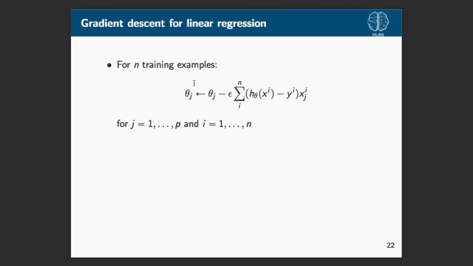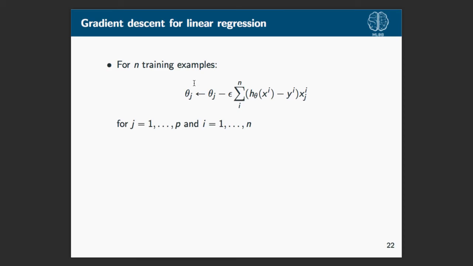Okay, so if we have multiple training examples, what we do is we have this loss function and we sum it up over all n. Typically, our learning rate can include a normalization factor for the number of training examples that we have, so it becomes more like an average. Here, the notation in the superscript refers to the training example, which data point. And j refers to the index.